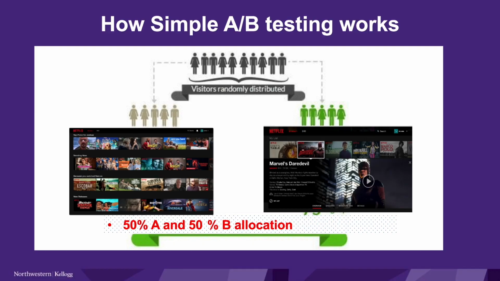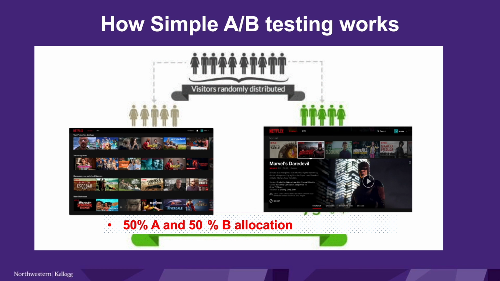So what is available in practice and in the literature? This simple A/B testing is pretty famous in the literature and has a lot of statistics and mathematics backing it. How does this simple A/B test work? Think about the visitors who are coming to use the Netflix website.